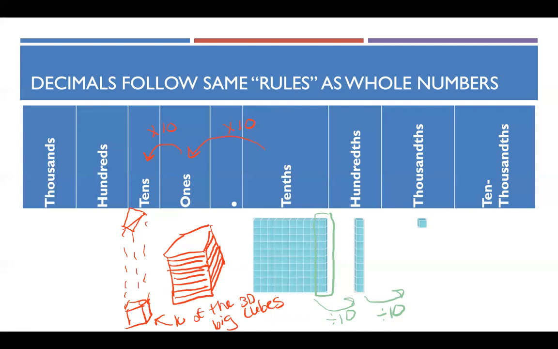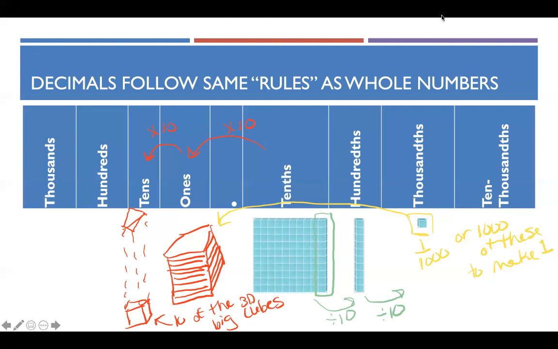And then we could see how teeny, teeny, tiny this little guy is. We would need 1,000th or 1,000 of these to make one, or the whole, right? And that's exactly what this is saying. And this is how we see that with this representation in the base 10 blocks.